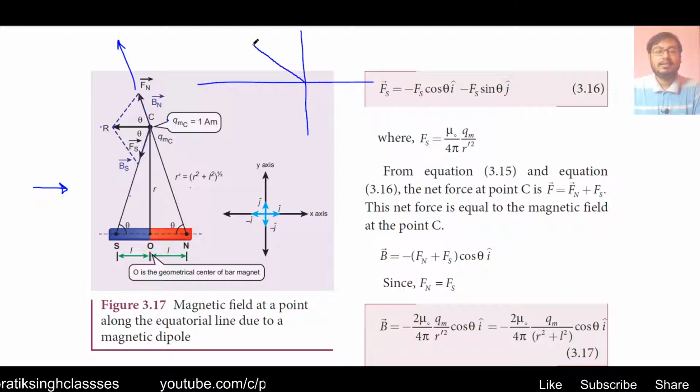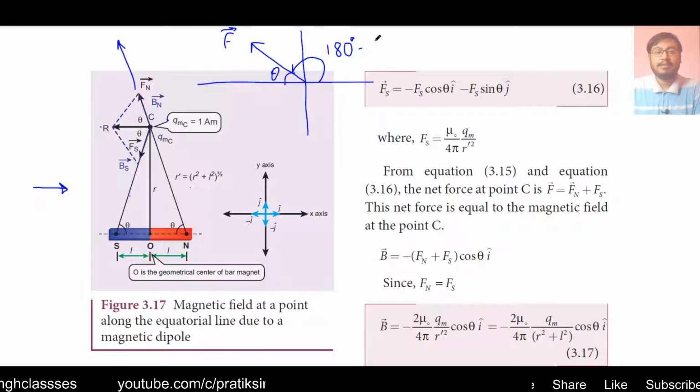Suppose this is vector F, and the angle given here is theta. Then this angle from here to here will be 180 degree minus theta.